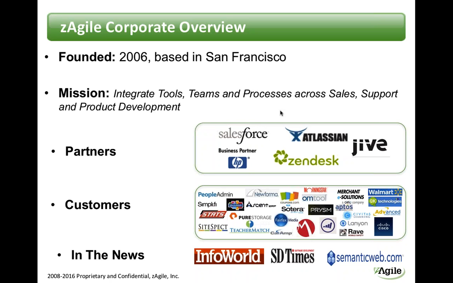Our partners include Salesforce and Atlassian, and our growing list of customers represents a wide range of industries, from technology, utilities, construction, sports, to retail, hospitality, human resources, education, and so on. And they also represent a wide range of sizes, from companies with 100 employees to companies with up to 10,000 employees. And finally, we urge you to check us out in the news, in InfoWorld, SD Times, SemanticWeb.com, and so on.